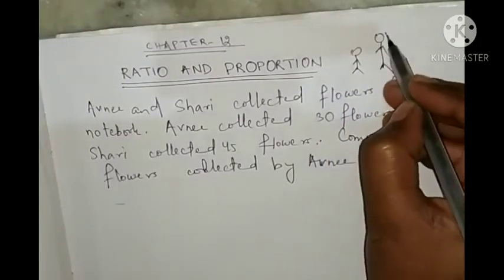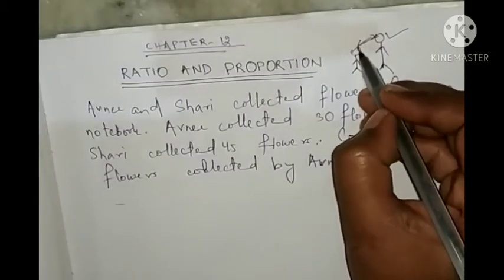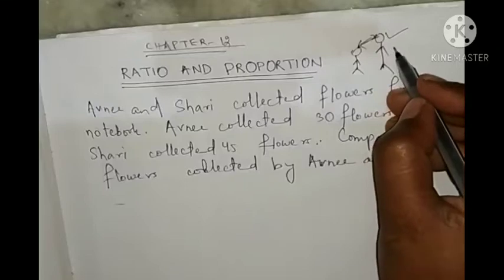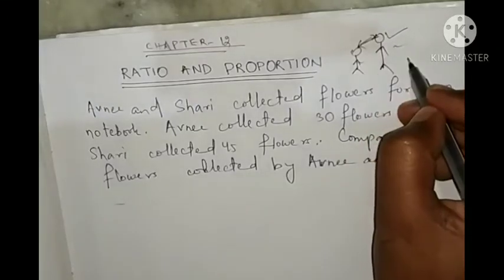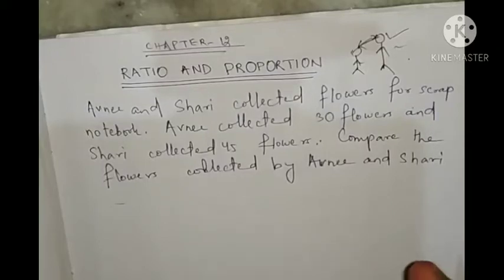If you have this much height and your friend is this one, by standing near your friend you can compare who is taller and who is shorter. Like this we are comparing many things by keeping them near each other or by looking at them. Now we have seen how we used to compare.